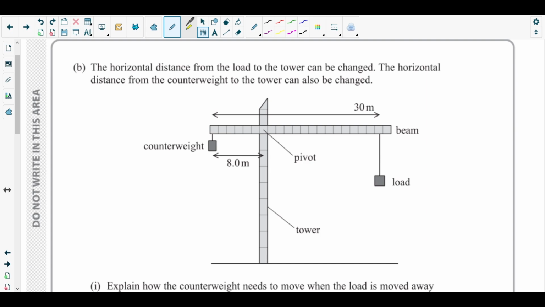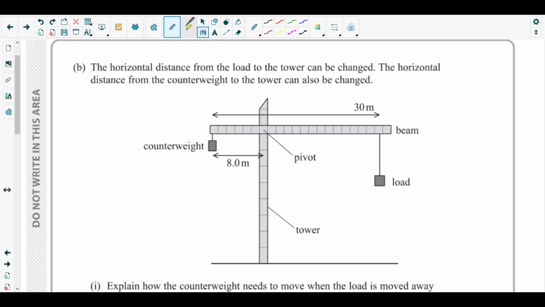So basically the distance of the counterweight and also the load from the pivot can be adjusted. Part 1 of question B asks to explain how the counterweight needs to move when the load is moved away from the tower.